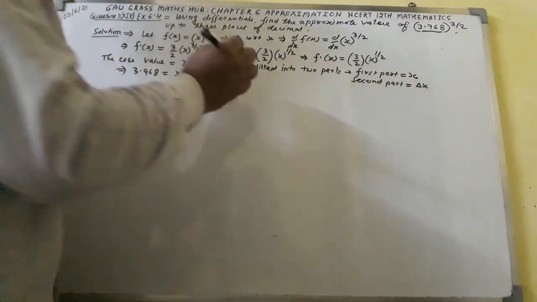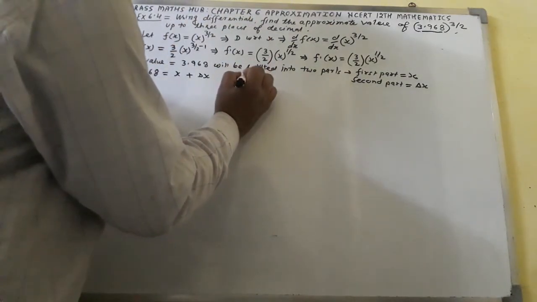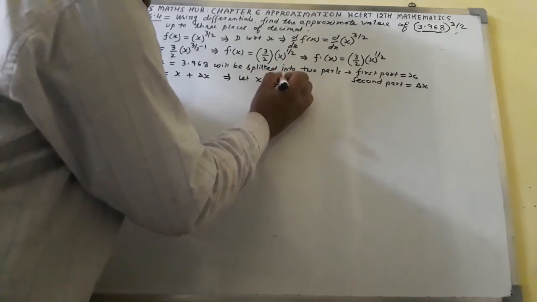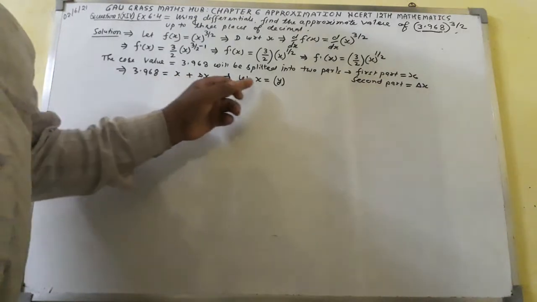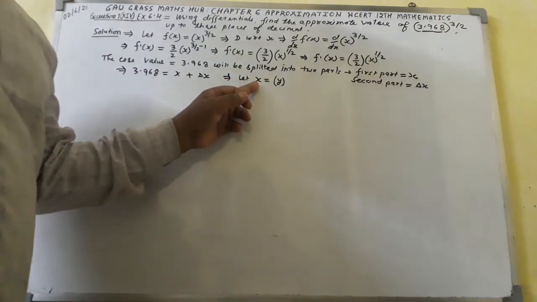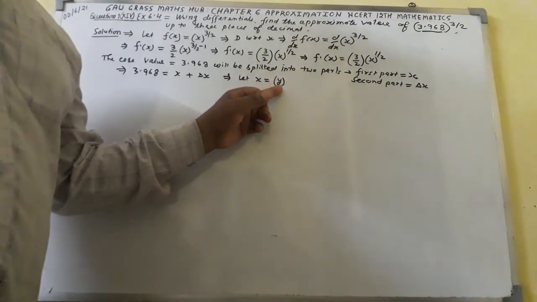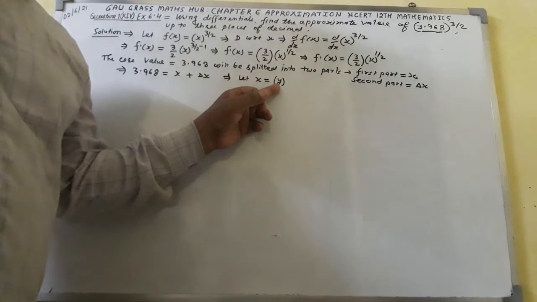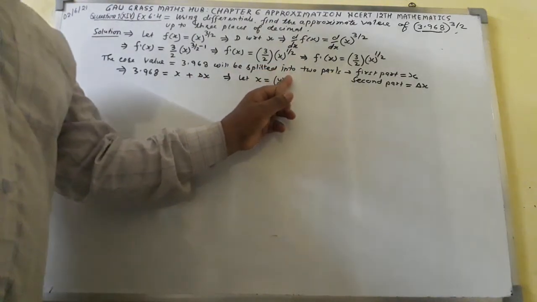First part again I shall let x equal to y. Here the value of x we have to find out. y will be a constant that will be determined later on, raised to the power. What will be the index here?